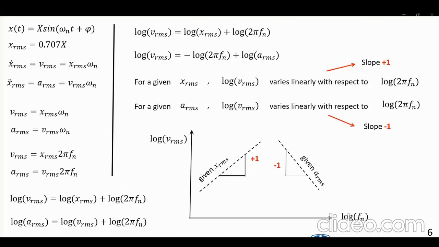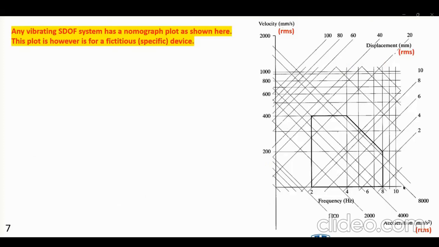For a given XRMS, for a given amplitude, the variation of log of V versus log of Fn is going to be a straight line with angle 45 degrees. And for a given acceleration, the plot of log of V versus log of Fn is a straight line with a slope of -1.